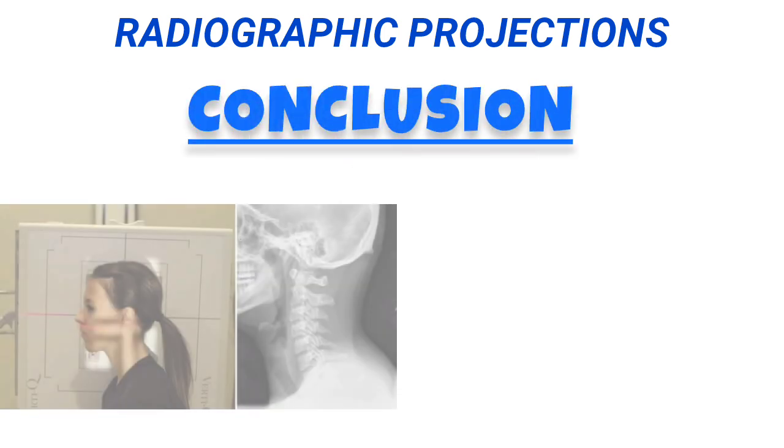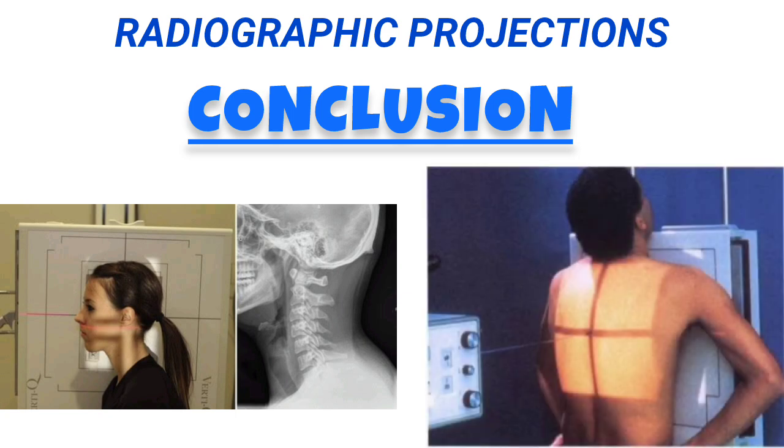Radiographic projections must be carefully planned and executed to minimize radiation exposure and to ensure high quality of images produced. Proper patient positioning is crucial, as incorrect alignment can lead to diagnostic error or a need for repeat exposure, which increases the patient's radiation dose.